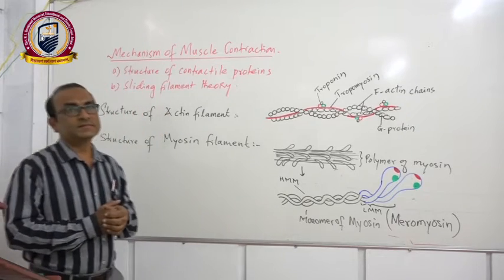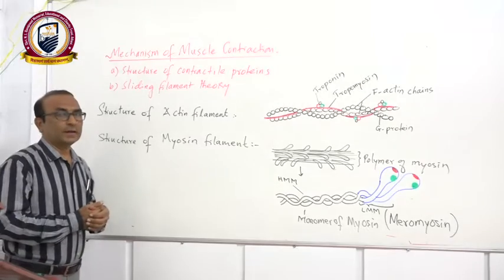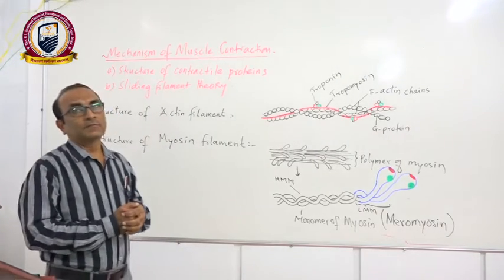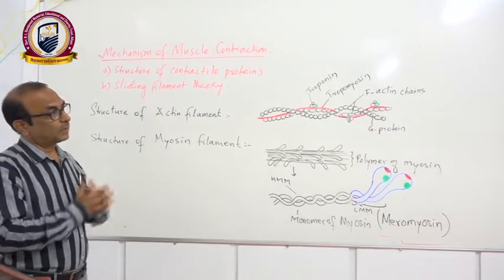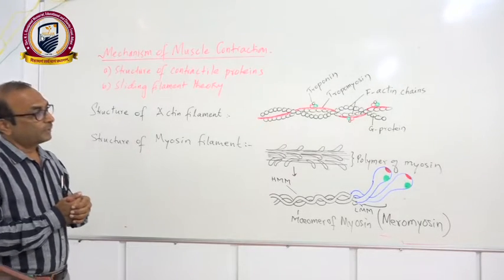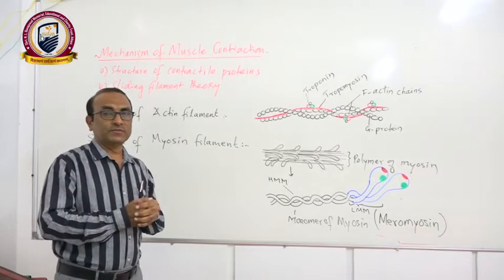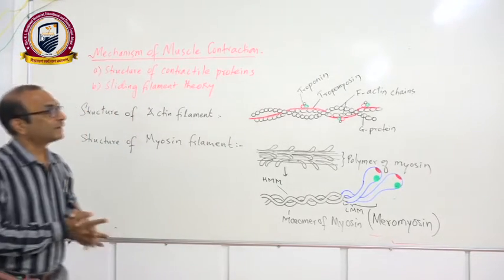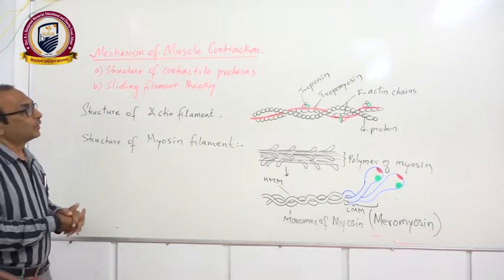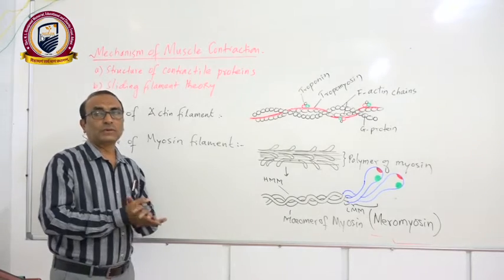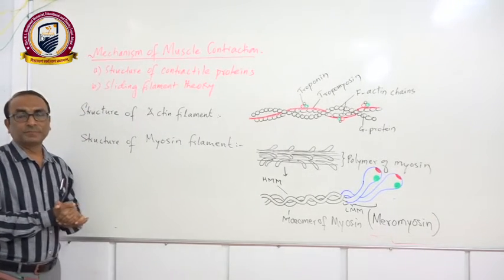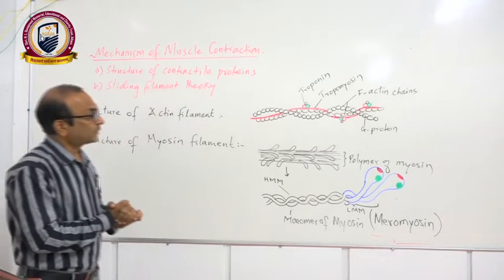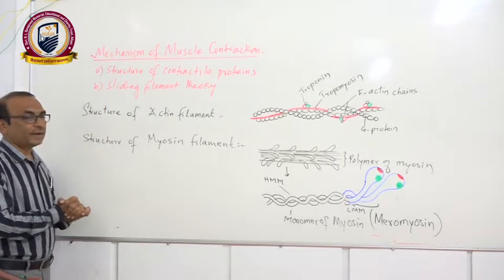We have seen that in a single myofiber there are hundreds of parallelly running, very long myofibrils, from one end of the myofiber to the other, and each myofibril is made up of the contractile elements or contractile proteins. They are also called myofilaments. And we have seen that there are two types of contractile protein, myosin and actin.